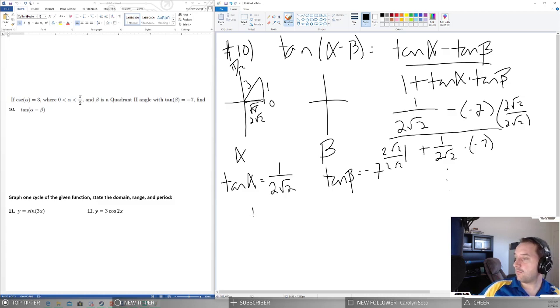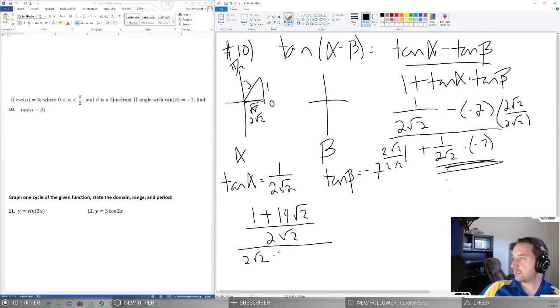So you're going to get 1 minus, so plus, because it's minus and negative, 14 root 2 over 2 root 2 over, and then on the bottom here, these multiply. So you're going to get 2 root 2 minus 7 over 2 root 2.